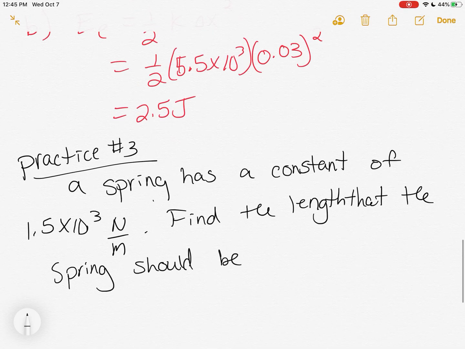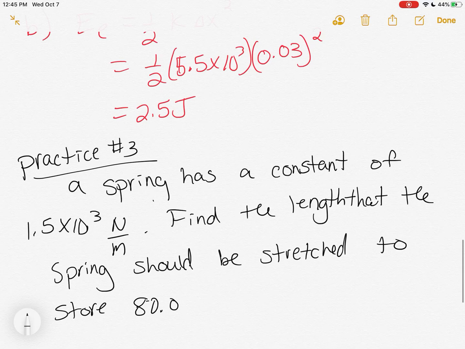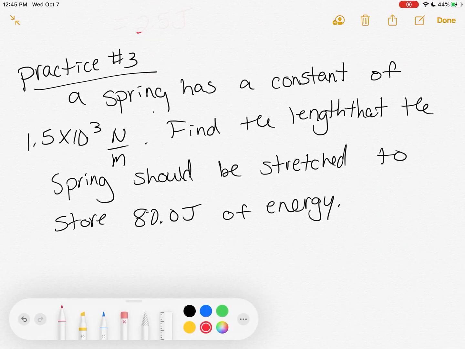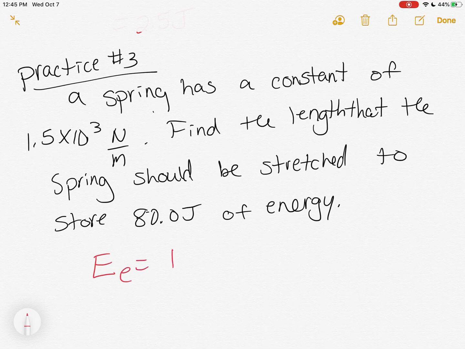Find the length that the spring should be stretched to store 80.0 joules of energy.